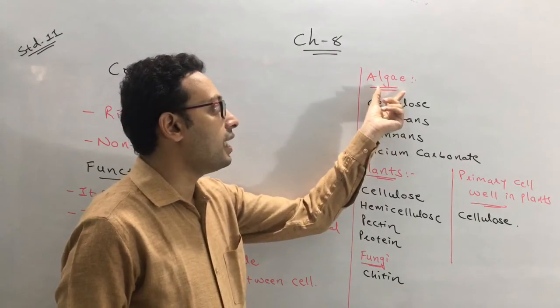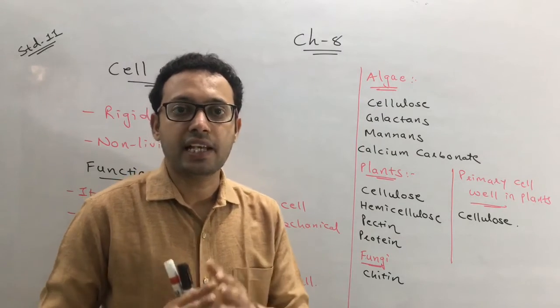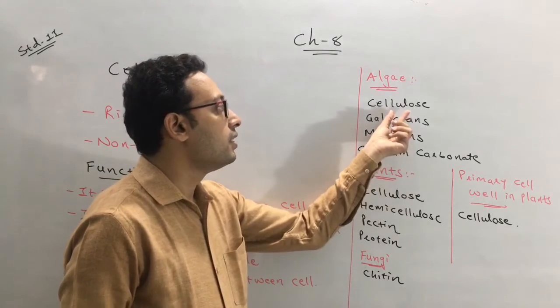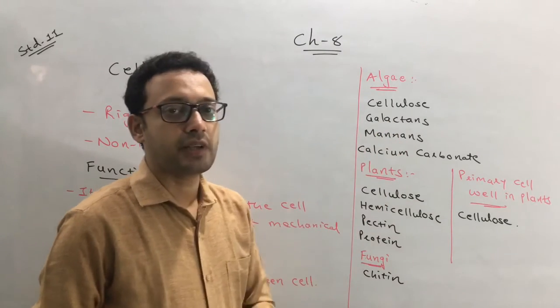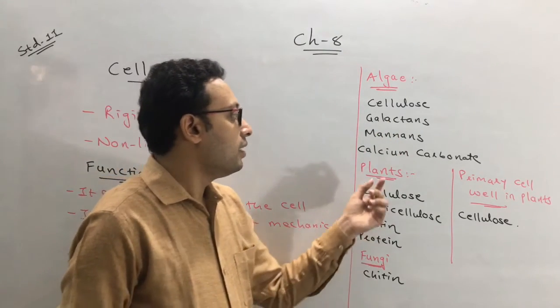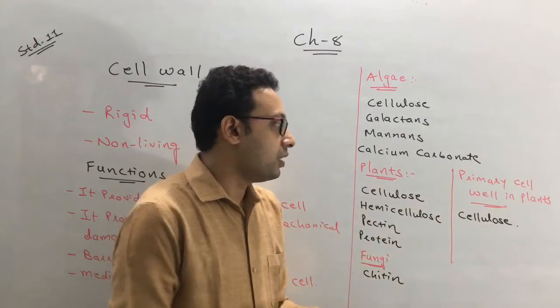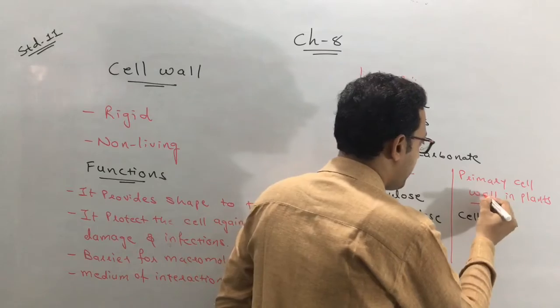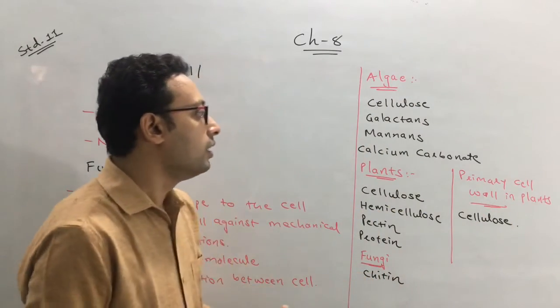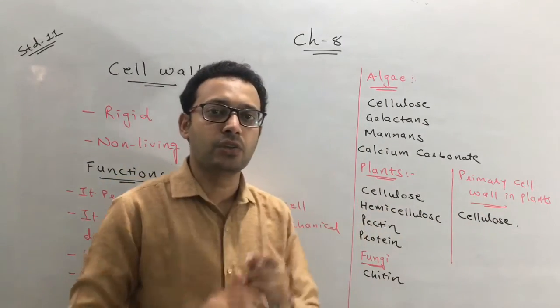I repeat, the cell wall in algae is made up of cellulose, galactans, mannans, and calcium carbonate. The primary cell wall in plants is just made up of cellulose.